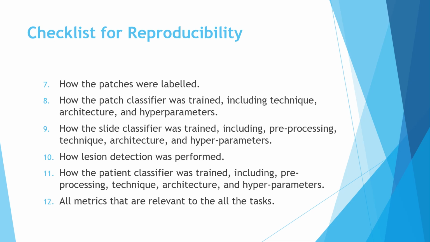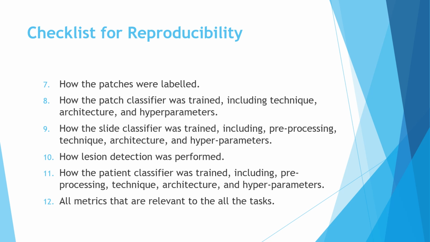The information on how to decide whether to label it as the cancerous patch or not needs to be provided. And the next item is how the patch classifier model has been trained, including the technique, the architecture, and also the hyperparameters.